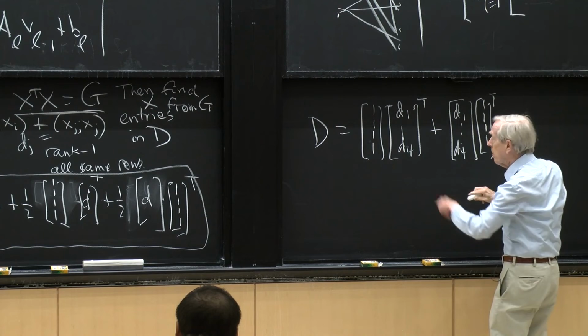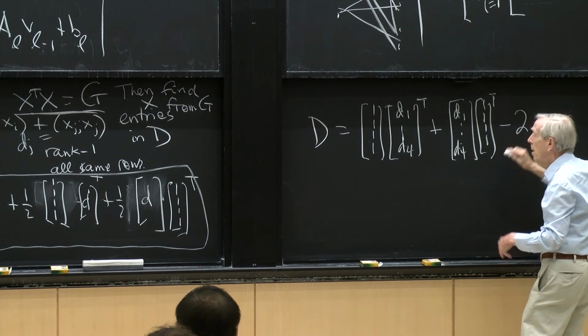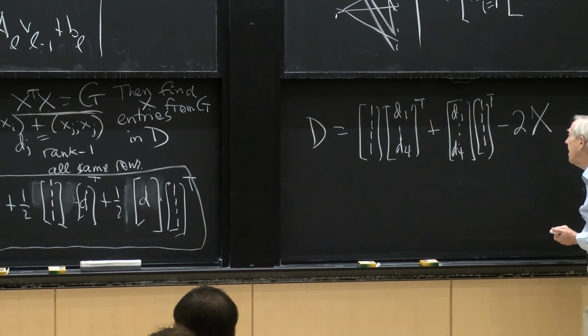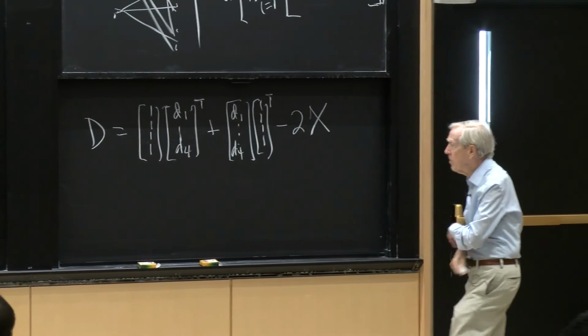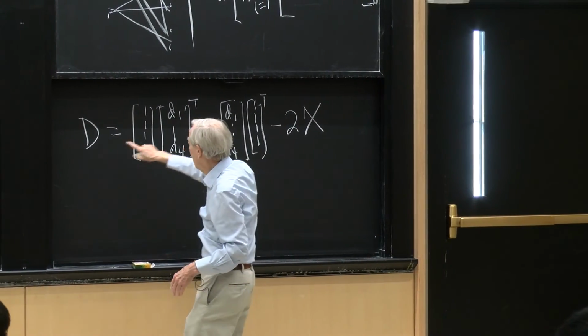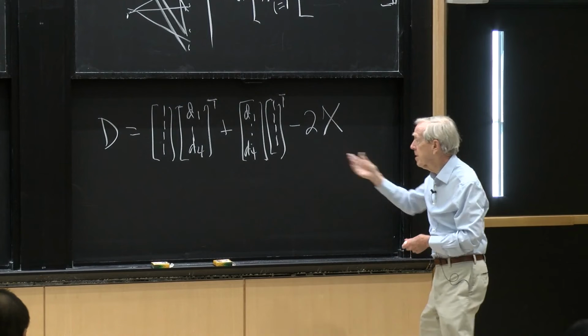And then the other one was a -2 of the cross product matrices. Ah, I see. So when I write that equation in matrix language, I just get that.